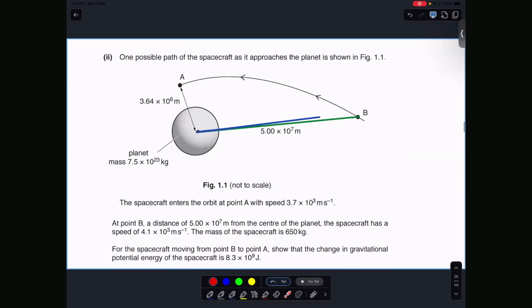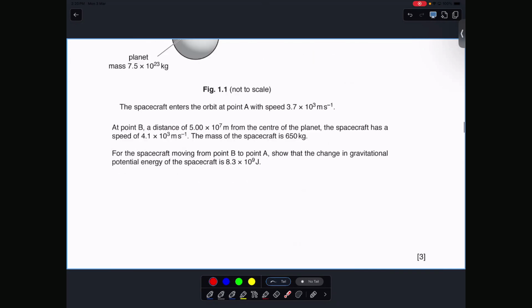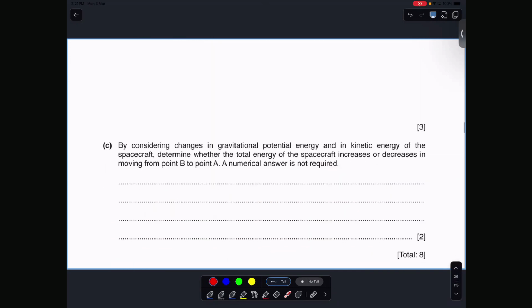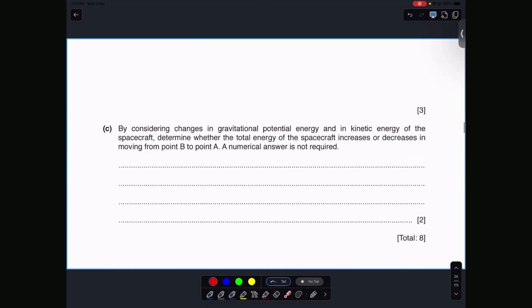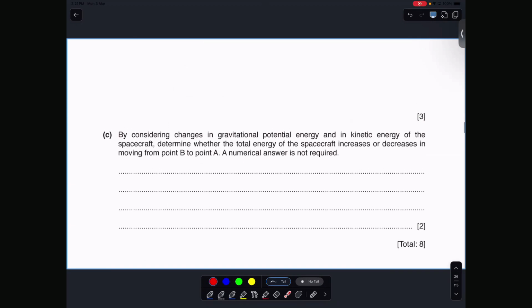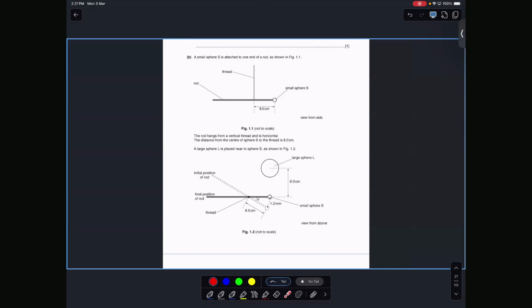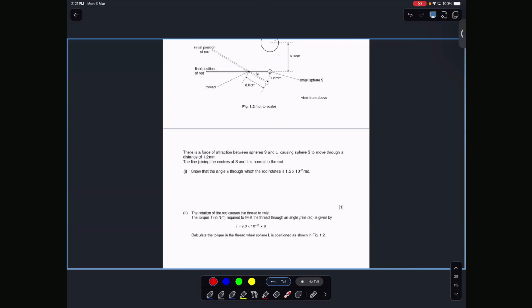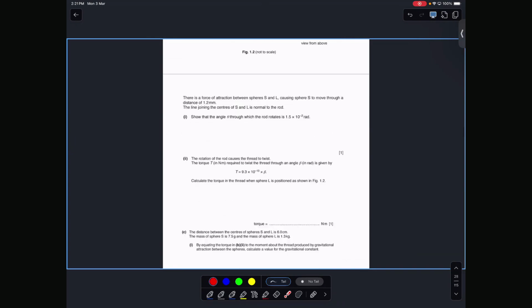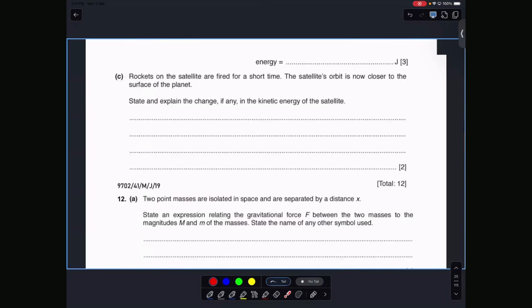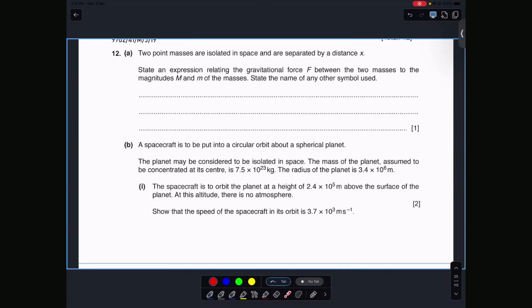Do you not think I'm going to give you a question right now as a test? Torque. Oh, yeah, 13. Okay, 12.